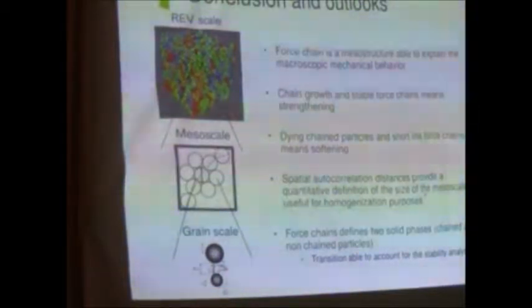The spatial autocorrelation function provides a quantitative definition of the size of the mesoscale for homogenization purposes. Thank you for your attention, and I remain at your disposal for any questions.